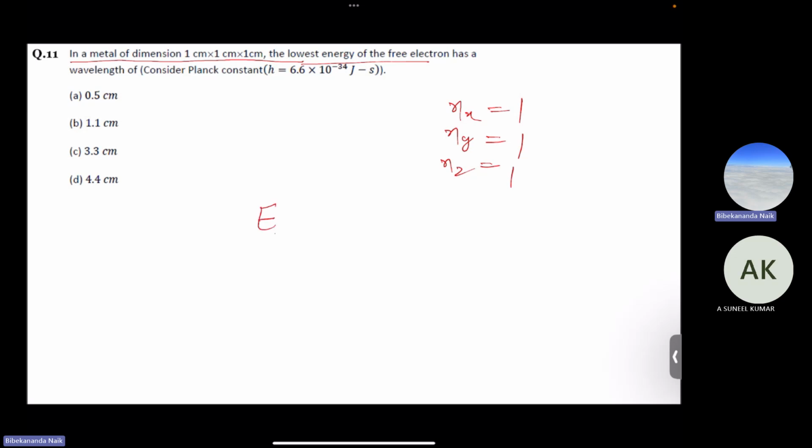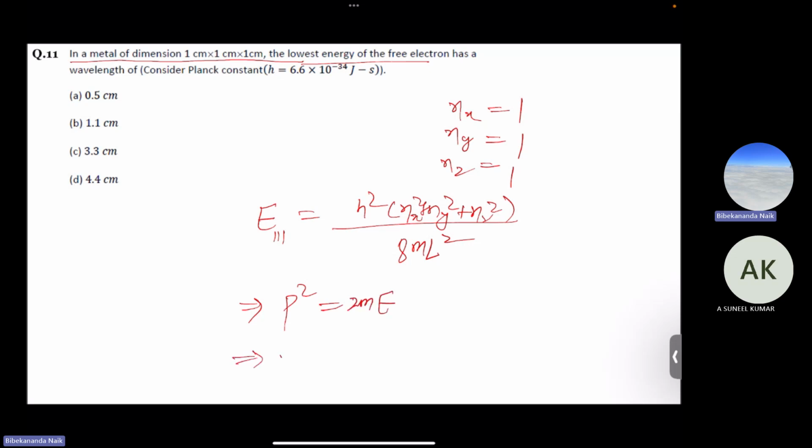So we can calculate E111 as h square (nx square plus ny square plus nz square) divided by 8 m L square, and the relation between energy and momentum is p square equals 2mE, so p will be root of 2mE, and lambda will be h by p. Can you calculate and tell me the correct answer?